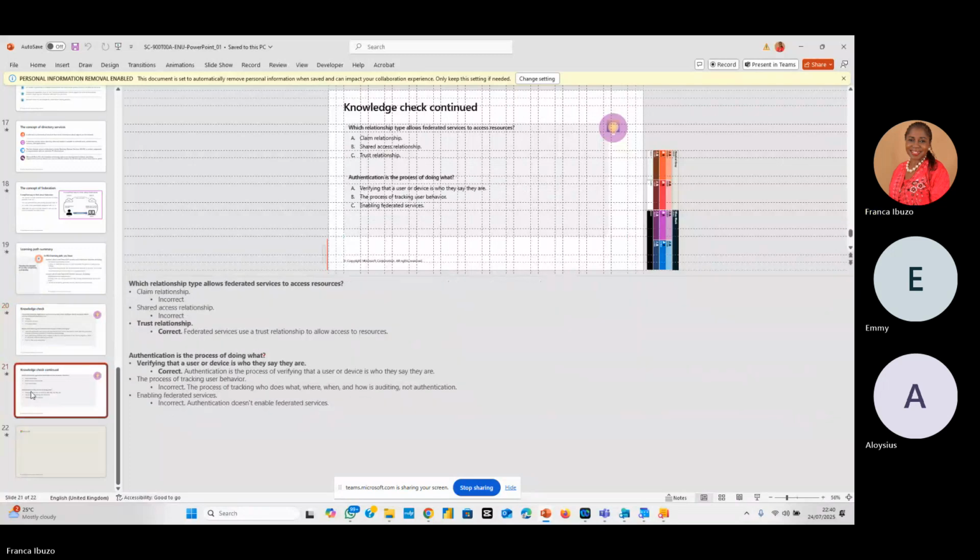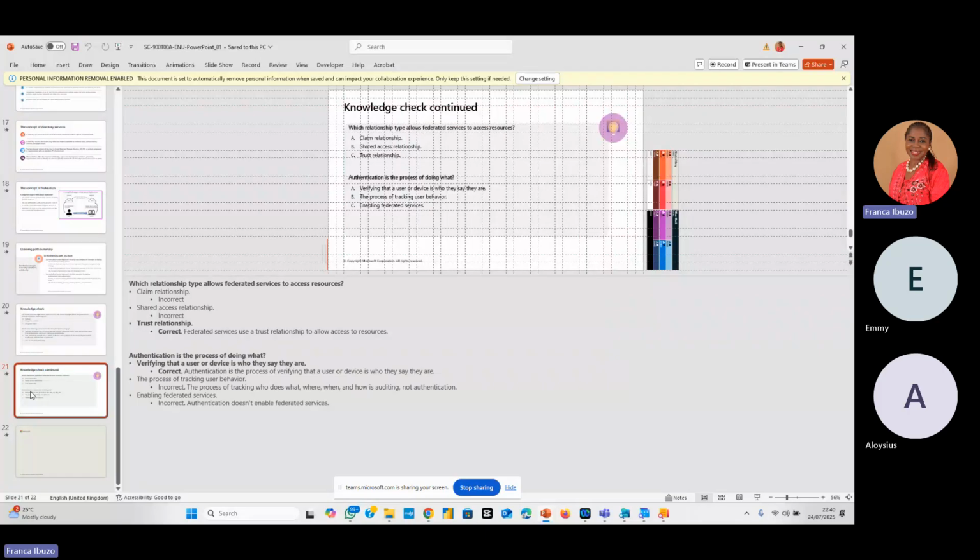Then, trust relationship is right here. Federated services use a trusted relationship to allow access to resources. And authentication is the process of verifying a user or device is who they say they are.